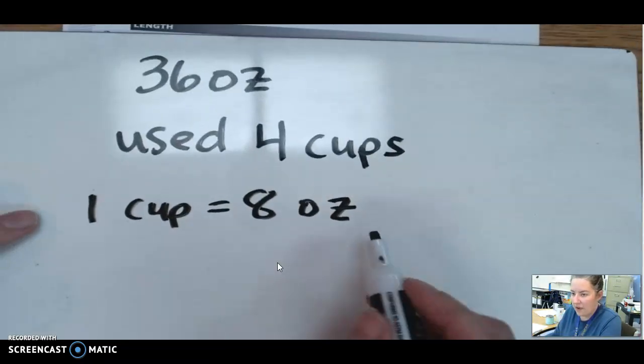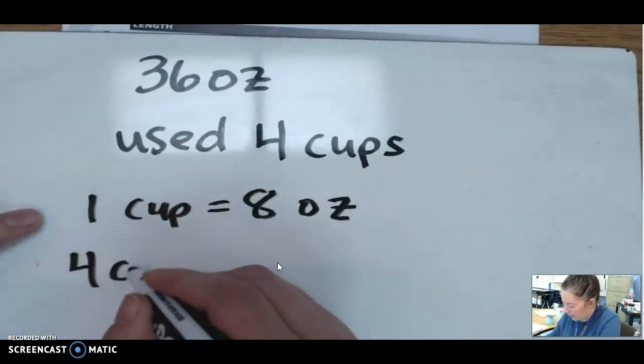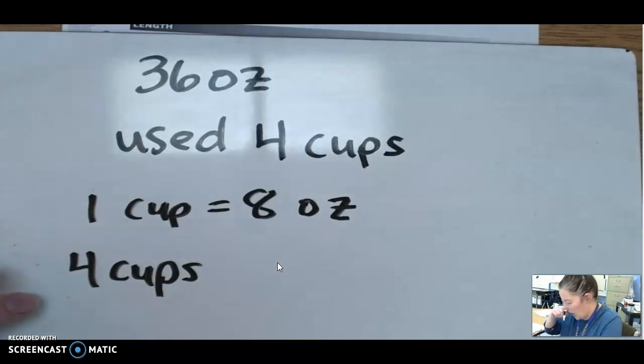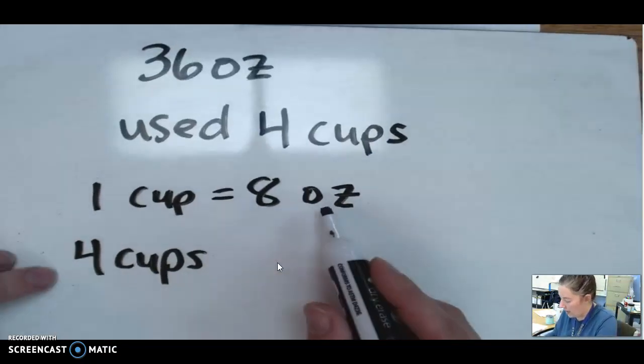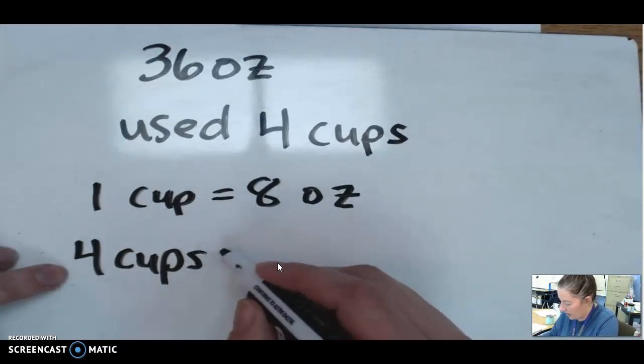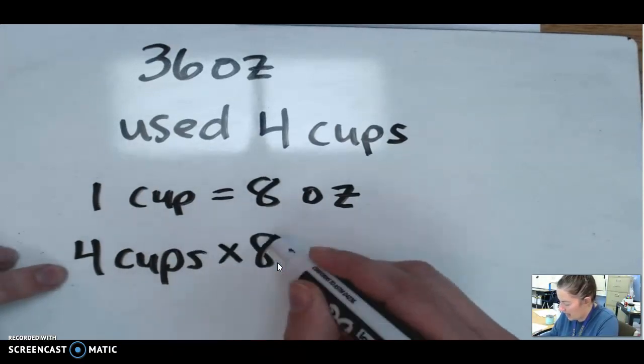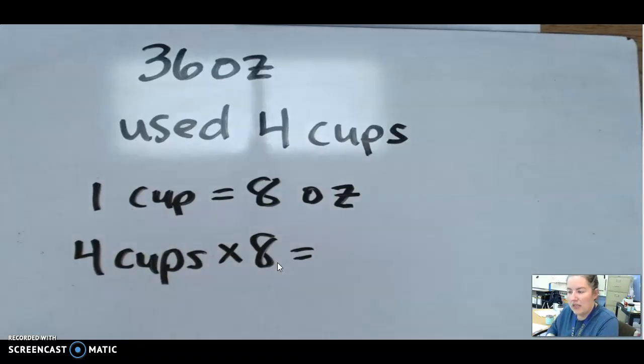Well, I know the chef already used 4 cups. So how many ounces is 4 cups going to be? Well, if 1 cup is 8, then 4 cups would be whatever 4 times 8 is. What is 4 times 8? Think about it. Should be 32.